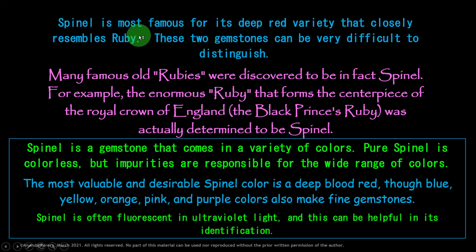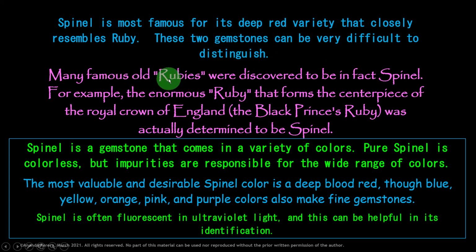Spinel is most famous for its deep red variety that closely resembles ruby. Be careful, spinel is easily confused with ruby. These two gemstones, spinel and ruby, can be very difficult to distinguish.